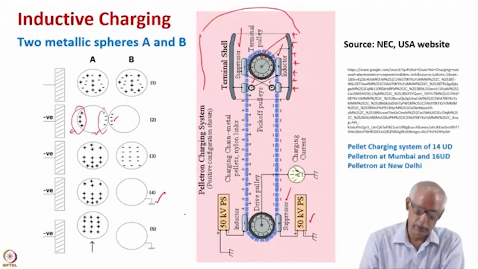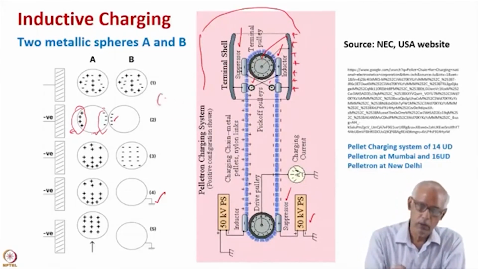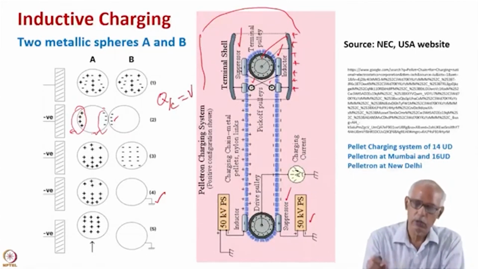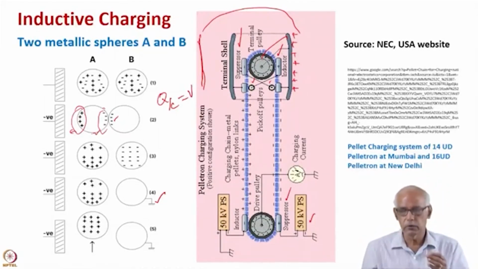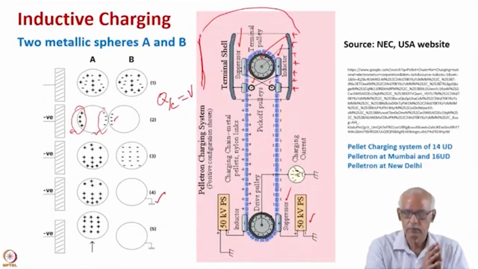So as per the formula, Q by C is equal to voltage. So voltage on this high voltage terminal will be raised. So this is the inductive charging. Now the advantage of this inductive charging is that first, there is no contact with the high voltage.